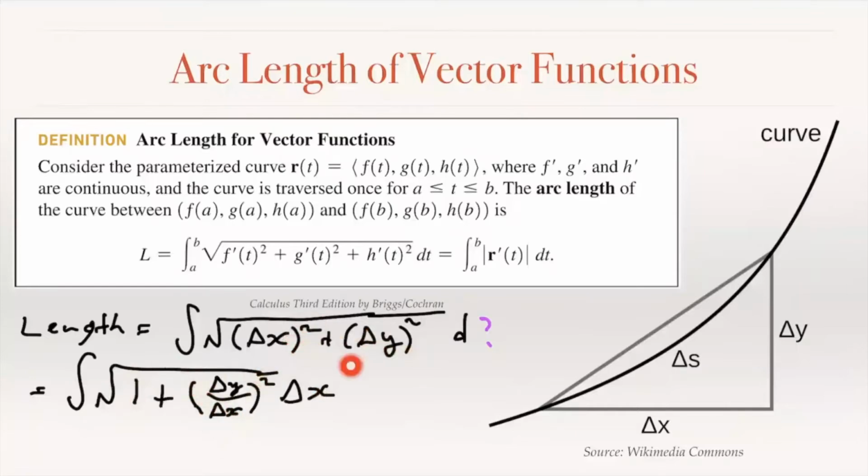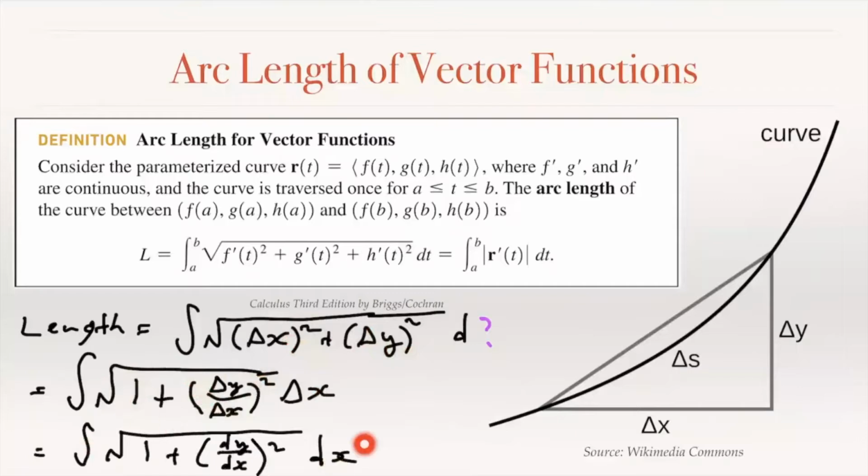So it's the same thing as that. This is a bit of abuse of notation. In reality, we're taking the limit, and we replace each of these with our infinitesimal version, and it becomes this. That was the derivation of the arc length formula in Calculus 2.